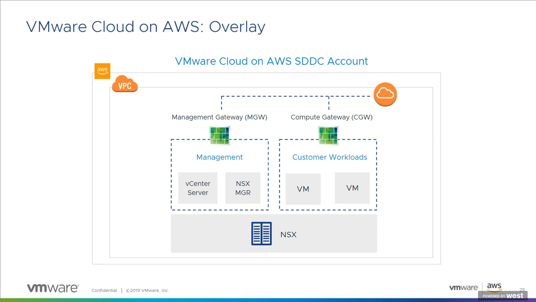All of the management components sit beside the management gateway, and we can allow access to things like vCenter over specific ports. But then all of your workloads will traditionally run behind the compute gateway, and this is where, once again, you can allow or block access to workloads based on IP addresses or based on ports.